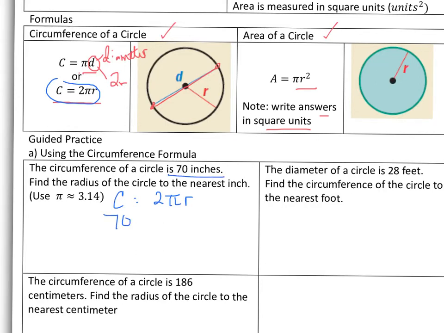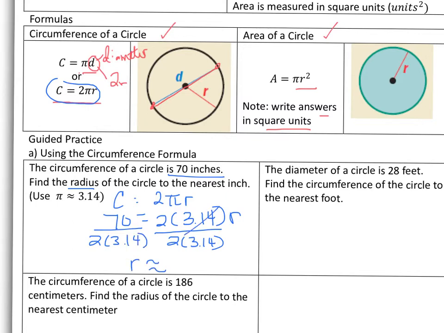So I'll substitute 70 for C. 2 pi equals 3.14 r. And to solve for the radius, I need to divide 2 times 3.14 to both sides. And after doing the math, I should get about 11.15 as my radius.